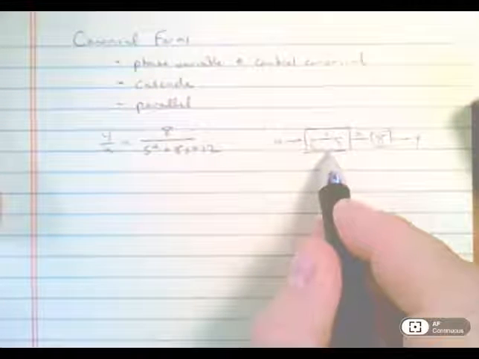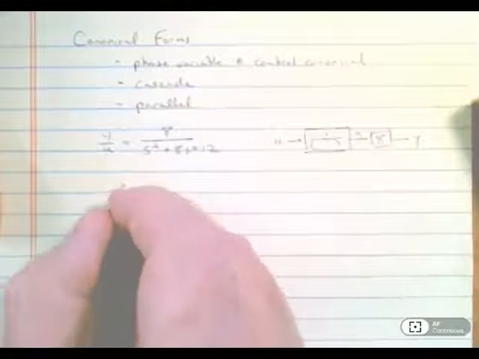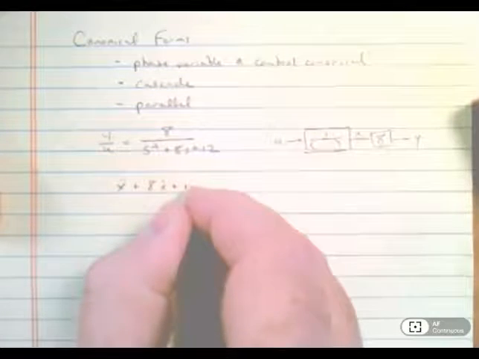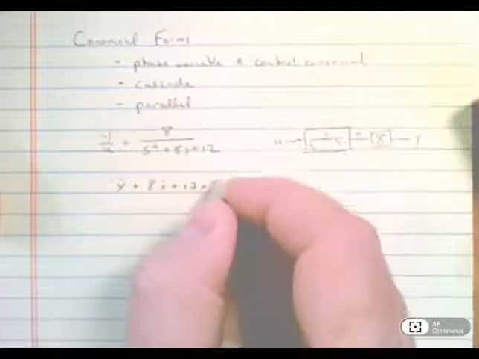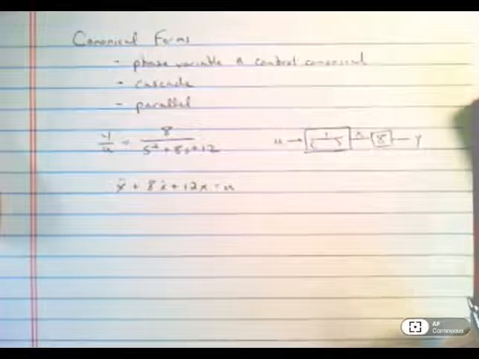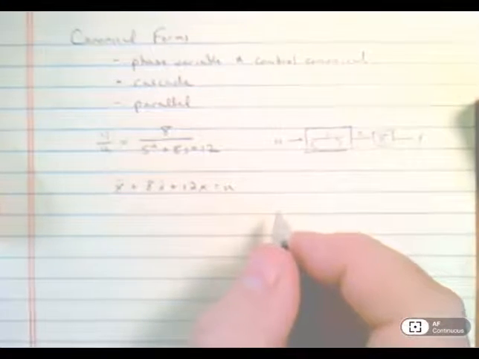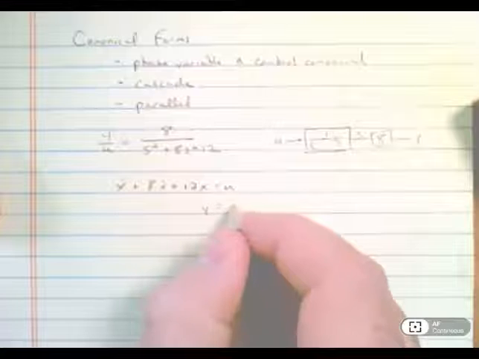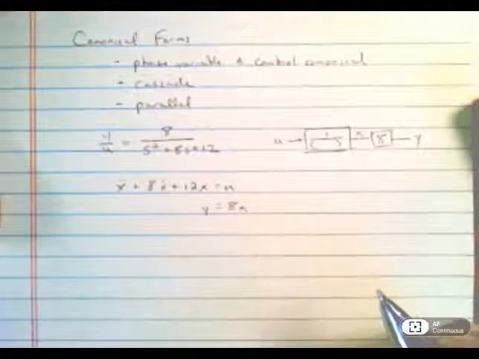So we start by building the expanded block diagram and state space equations for this block here, and then we tack this one on here. So when I do that, I'm going to wind up with an x double dot plus 8x dot plus 12x equals u, and separately I'm going to have a y equals 8x.